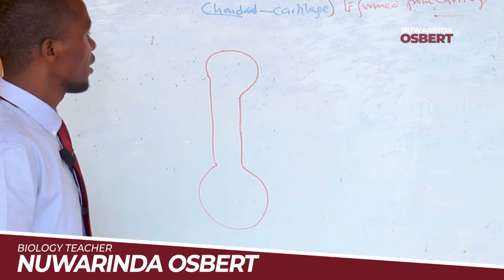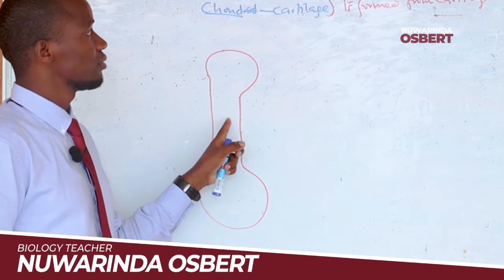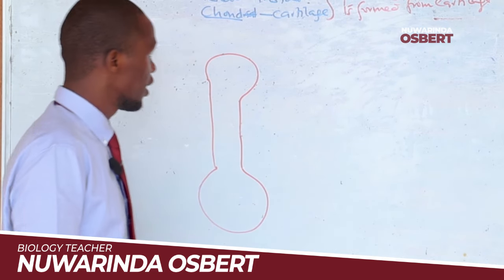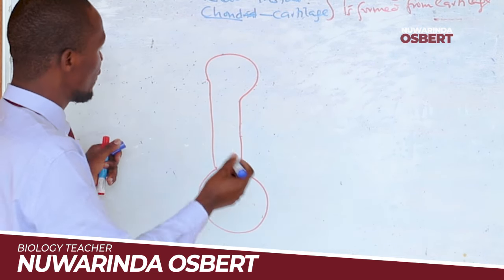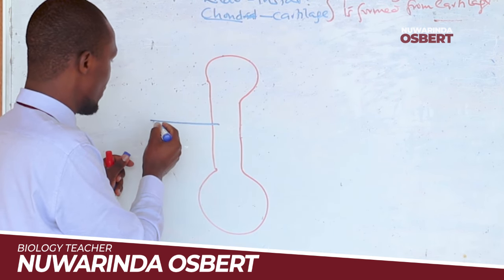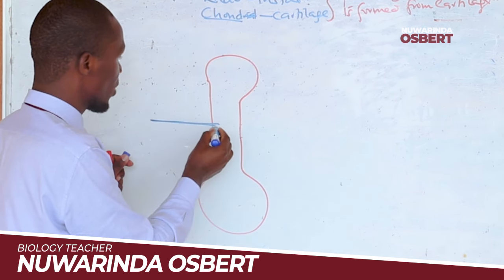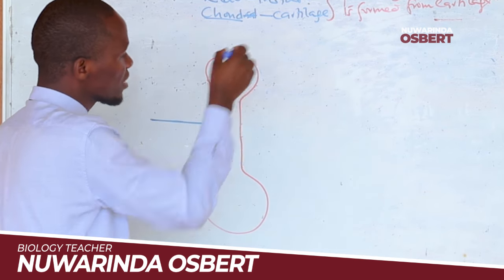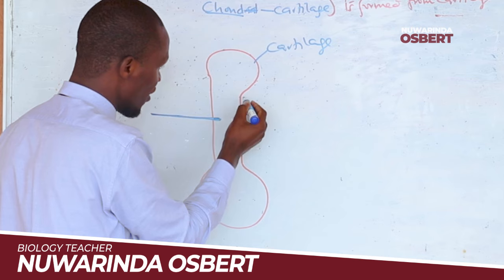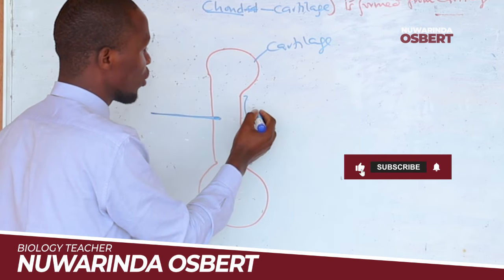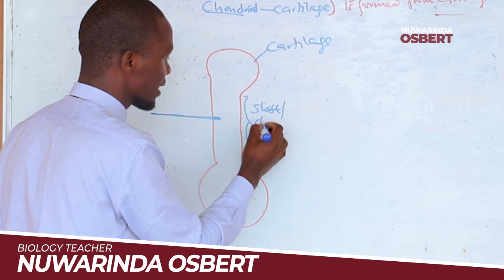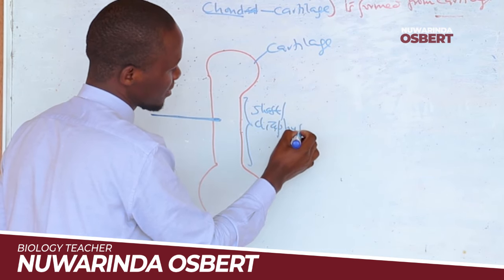Now, for endochondrial ossification to begin, it begins at the moment when a blood vessel comes and penetrates this cartilage model, at this area which we previously called the shaft, or what we also called the diaphysis.